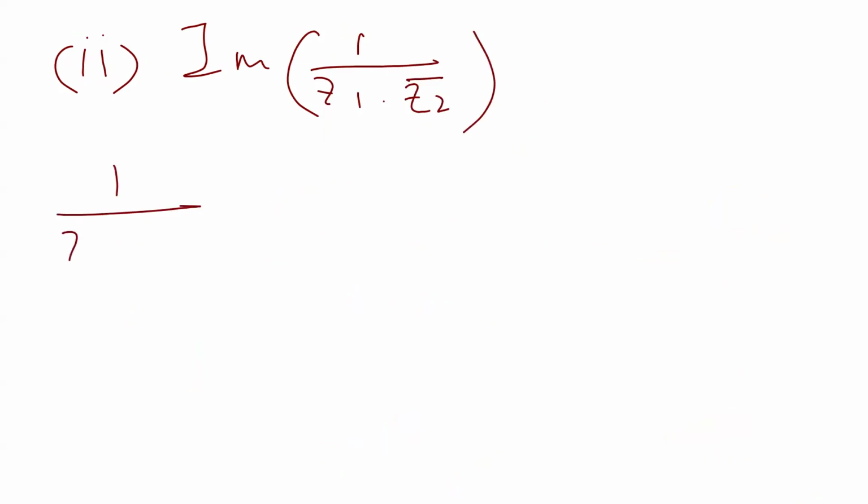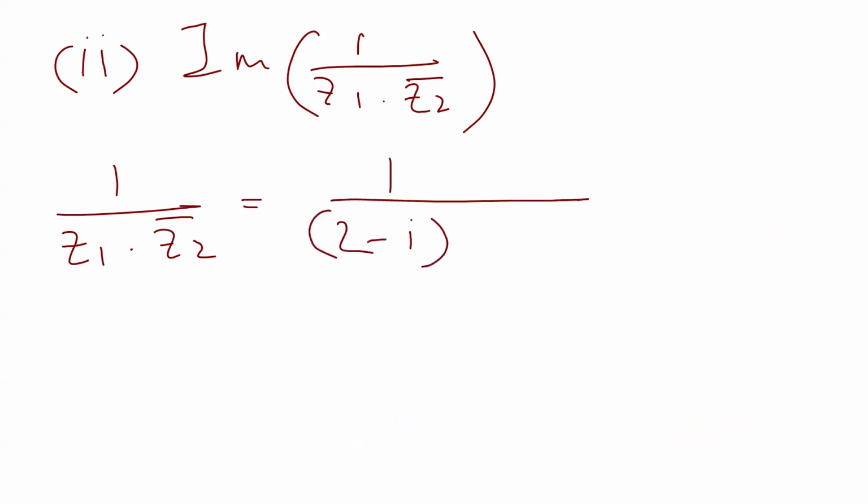Second one is the imaginary part of 1 upon Z1 into Z2 conjugate. So first I'm going to calculate 1 upon Z1 into Z2 conjugate. Z1 is equal to 2 minus i, modulus of Z2, that is minus 2 minus i.